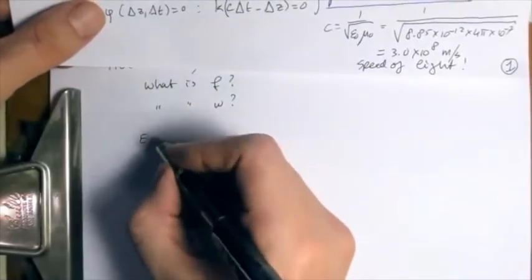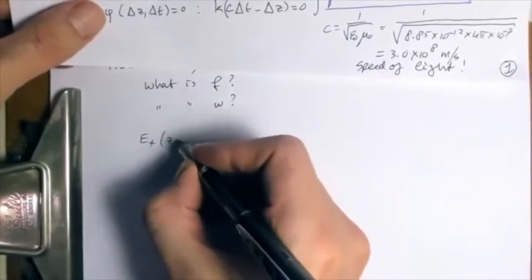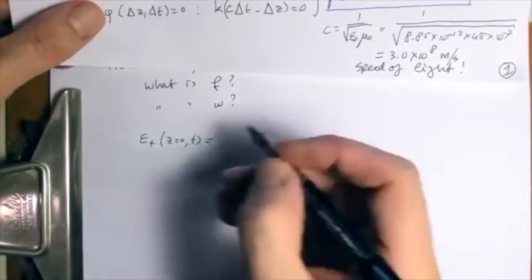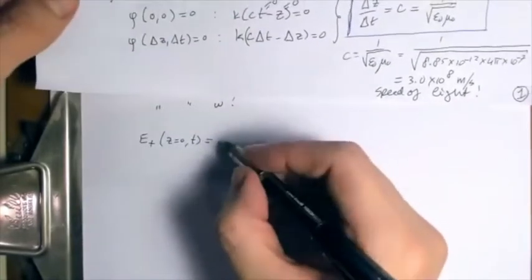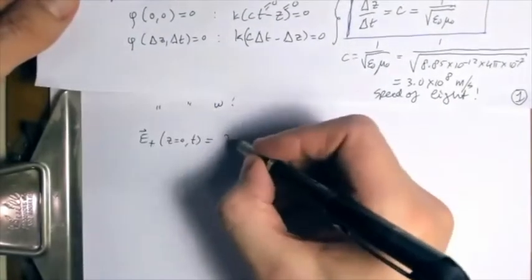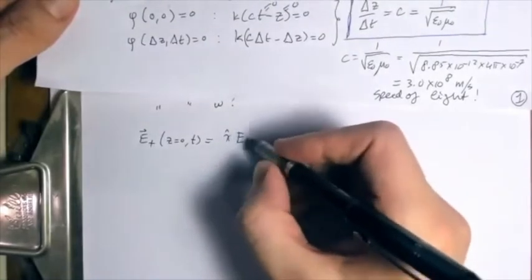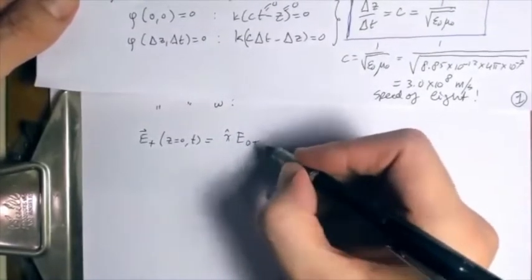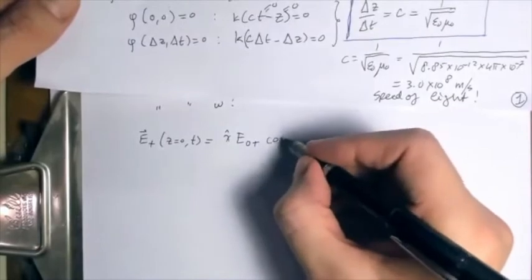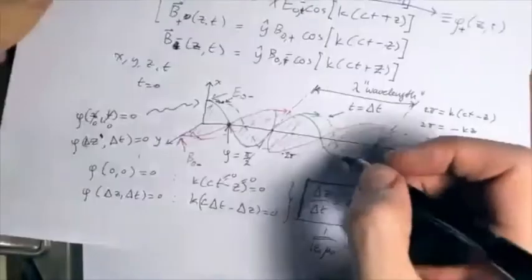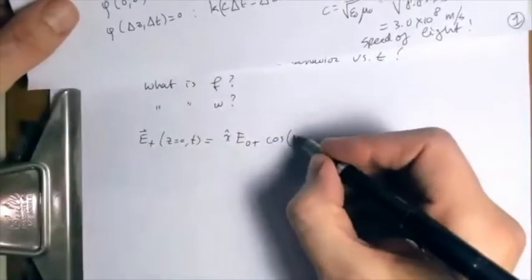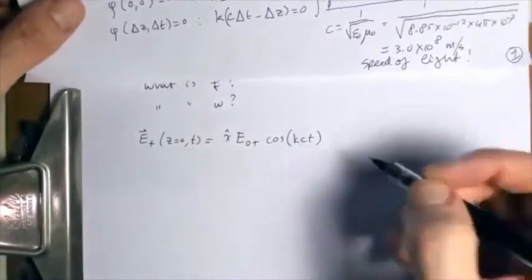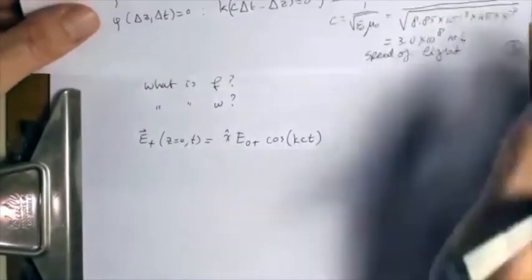So we're looking at this one. At z equal to 0 as a function of time, it's a vector, x hat E naught plus, and then it's cosine. Z is equal to 0, so we have kct.